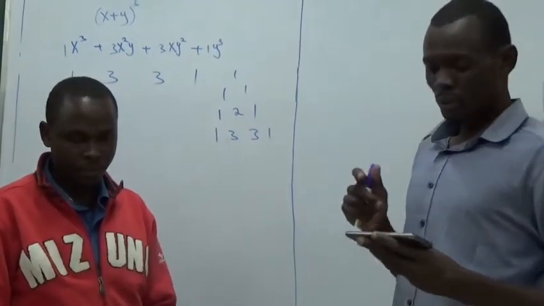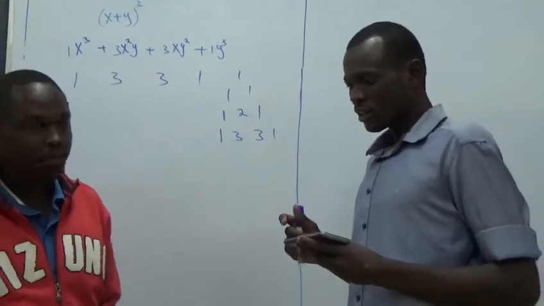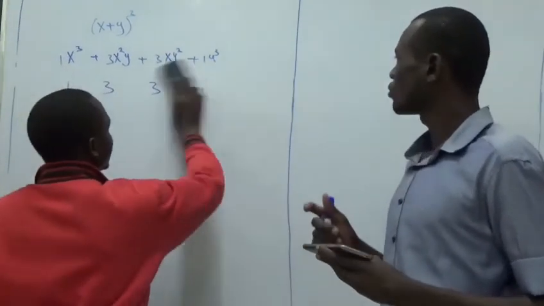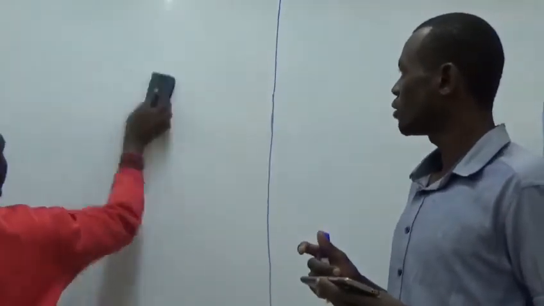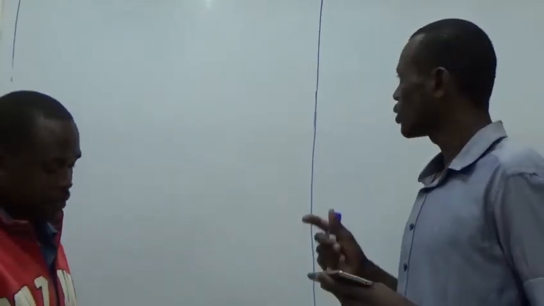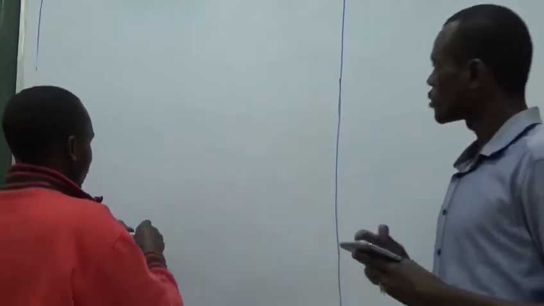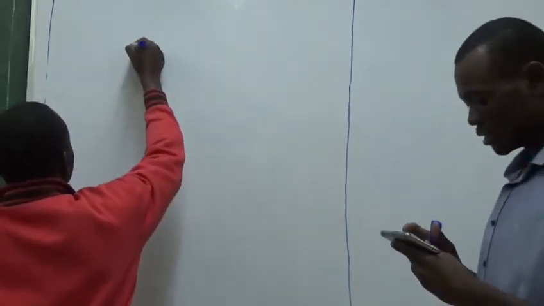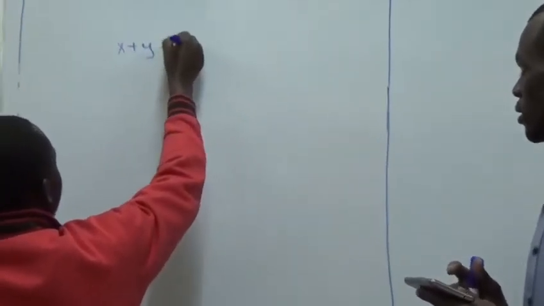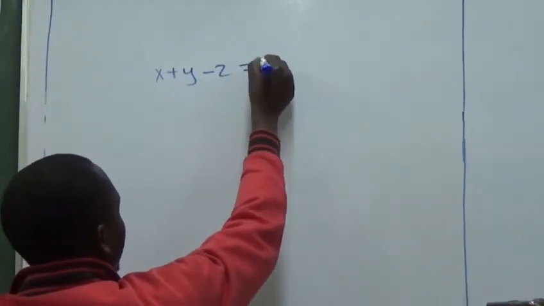Then lastly, we want to use the same calculators to show you how you can solve equations with more than one variable. In our case, we have equations, let's say x plus y minus z equals 4.